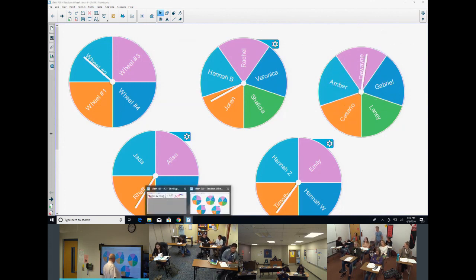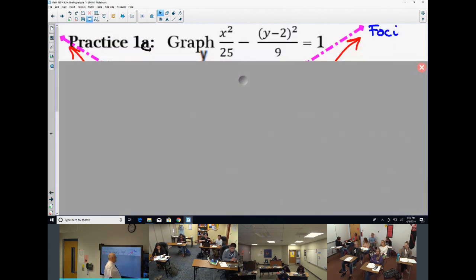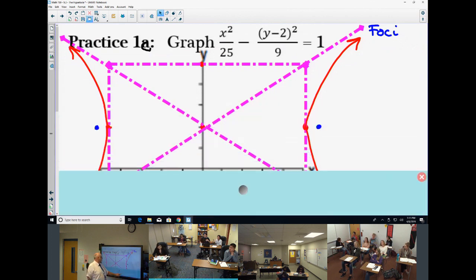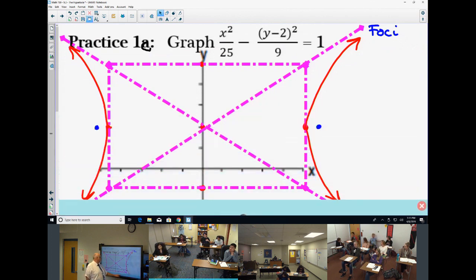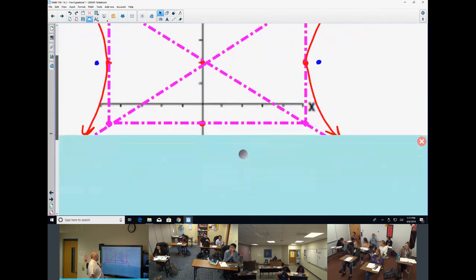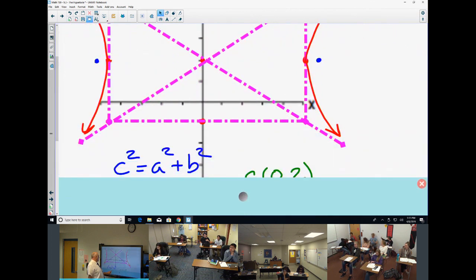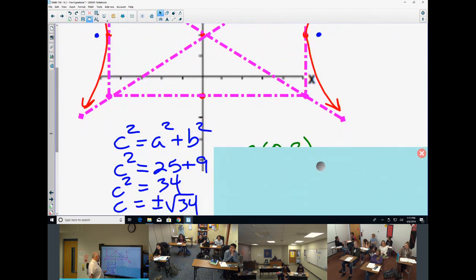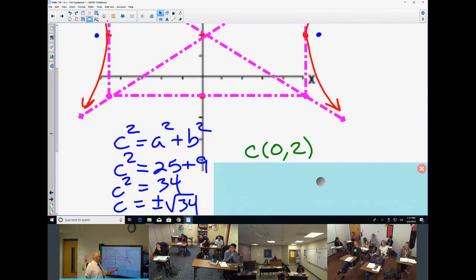All right, so Dwayne, when you got it, just the foci. Plus or minus square root of 34. Okay, and so that's the C. So C is plus or minus the square root of 34. And the center is at 0, 2. So then what are the actual coordinates of the foci?